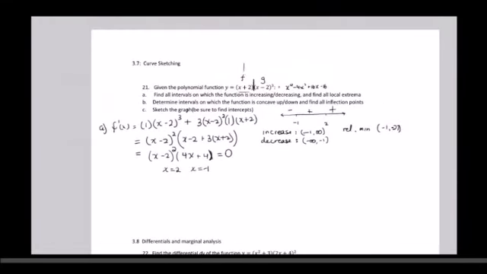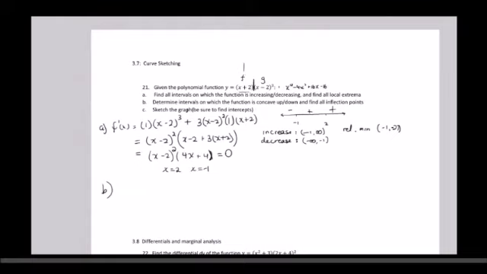Okay, so for part B, we're going to need intervals in which the function is concave up, concave down. That means we're taking a second derivative, so we could take the derivative of the first derivative there.